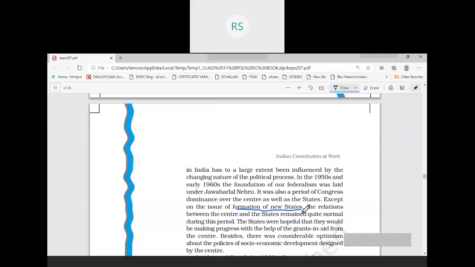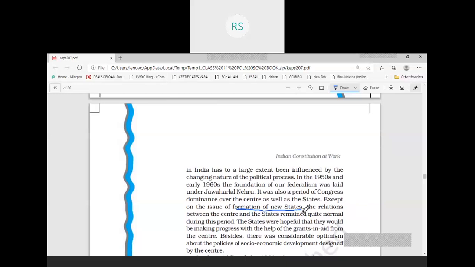So in this period of the 1950s and 60s, the conflict was only about the formation of new states, because people were in favor of the formation of linguistic states, and in order to get those states formed, people had to struggle a lot.